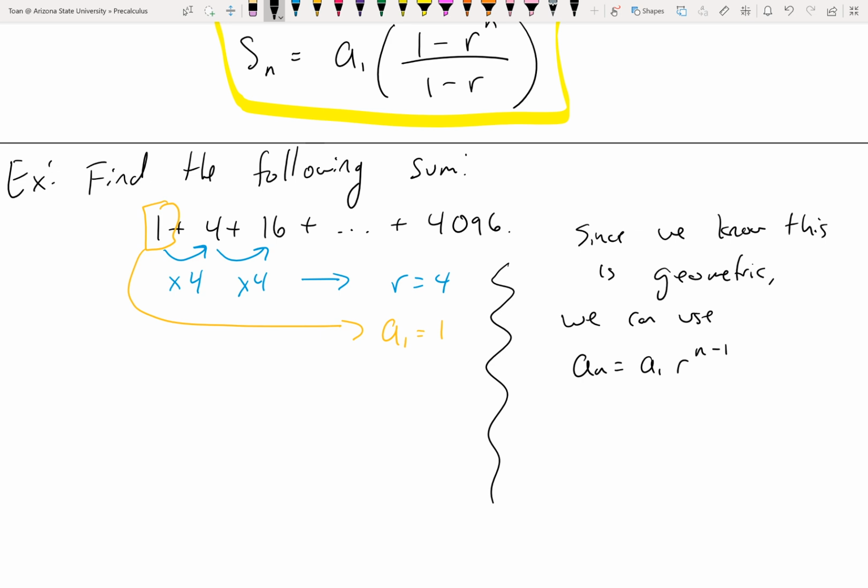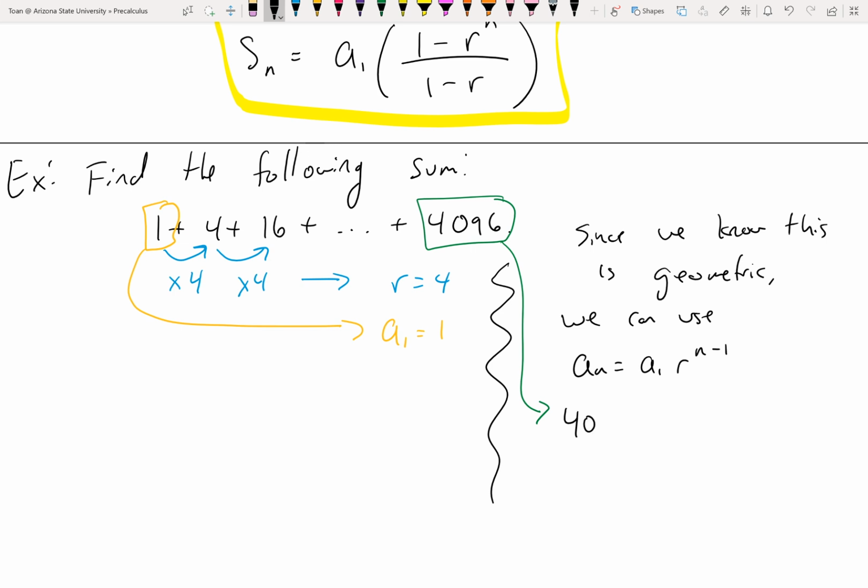We can use this to figure out the number of terms we have, because they do give you the very last term. So I want to figure out what is that term's number. So we use this geometric sequence formula.